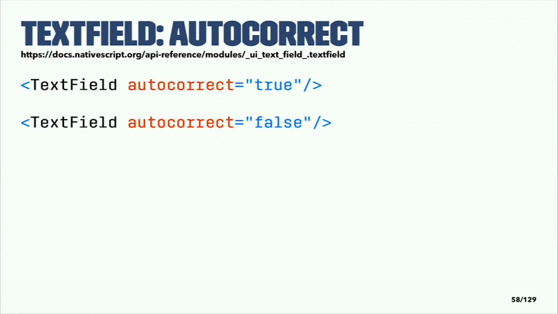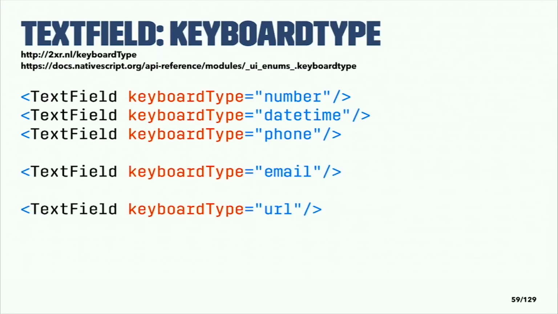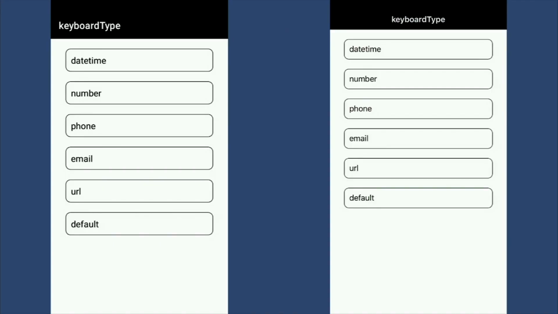Autocorrect, everyone's favorite, but not when I'm entering my name, because that's always something else than what it really is. So you can also say autocorrect true or false. And this is also very useful: the keyboard type. You can set the software keyboard by just defining what keyboard you like. So the top three are more or less the same, but you also have email and URL. And this is also, again, an example.